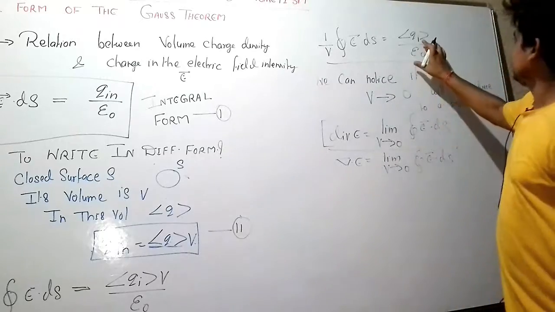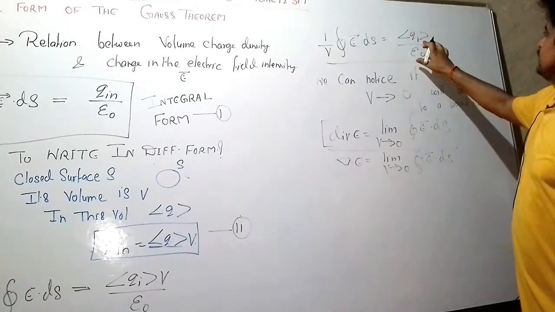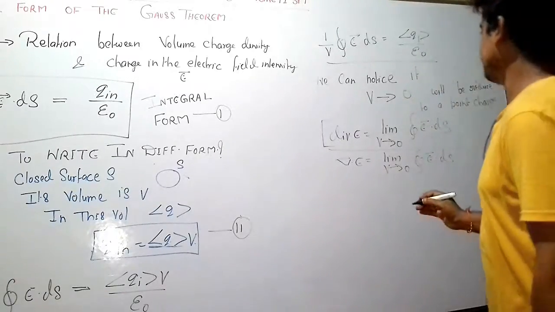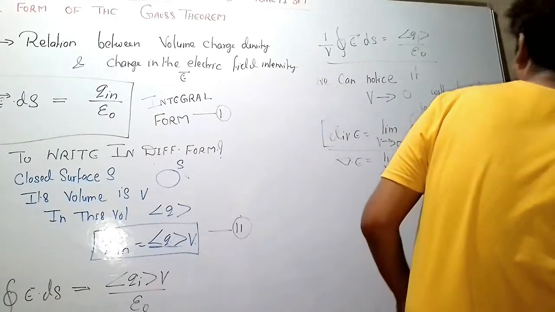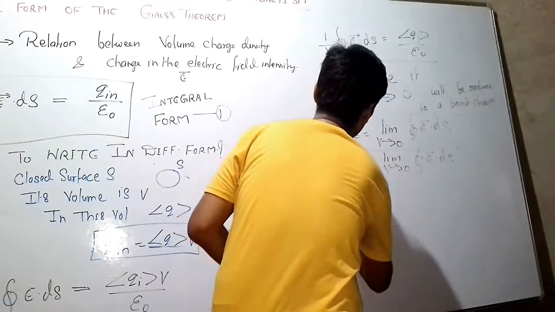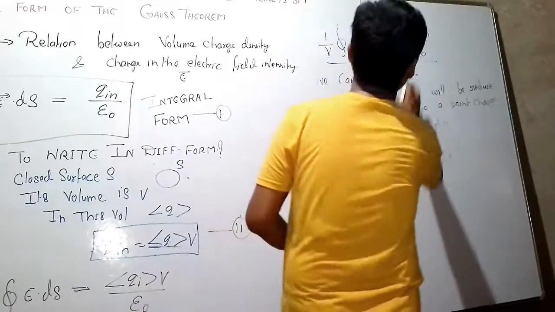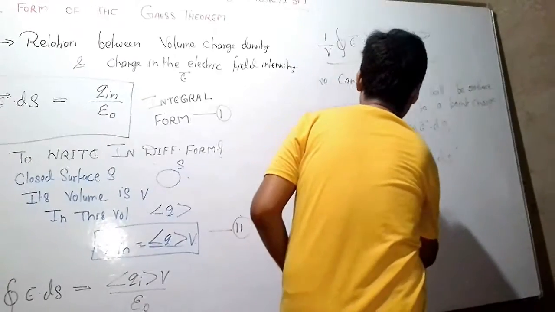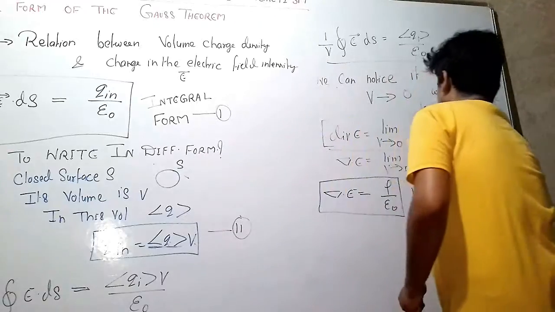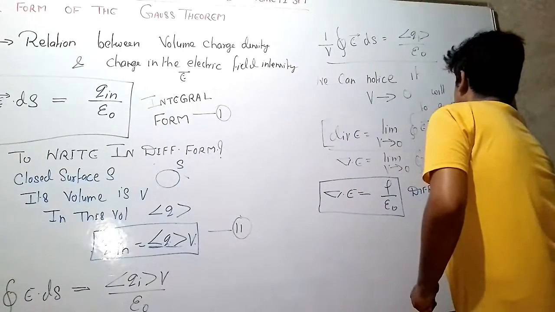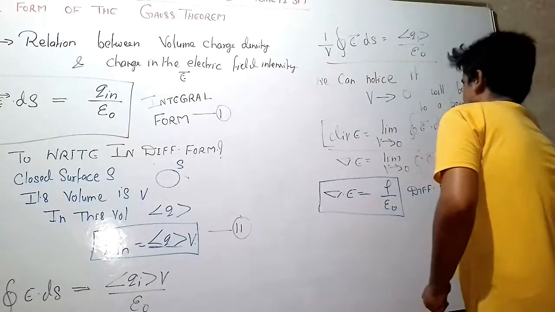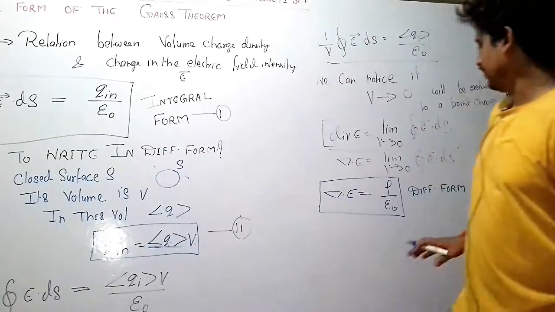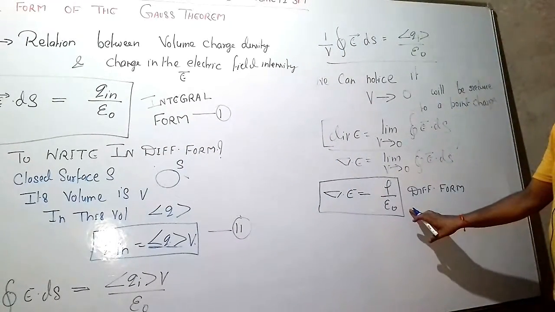Now this Q in divided by V is nothing but the charge density. It means we can write the divergence of E equal to rho divided by epsilon naught. This is the differential form of the Gauss theorem, and this is the integral form of the Gauss theorem.